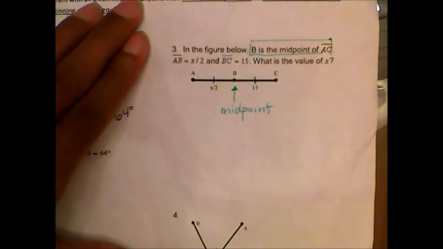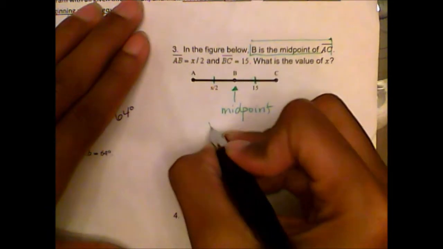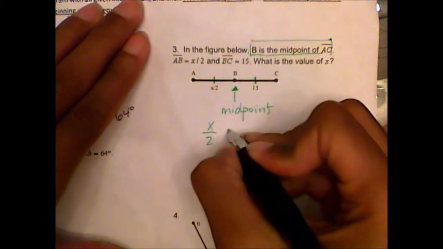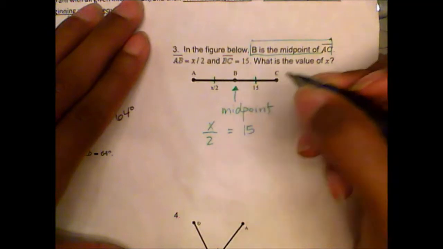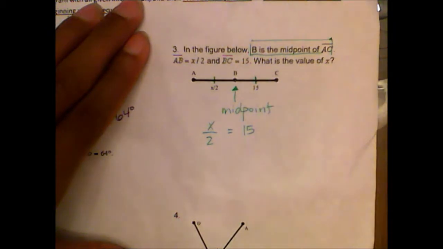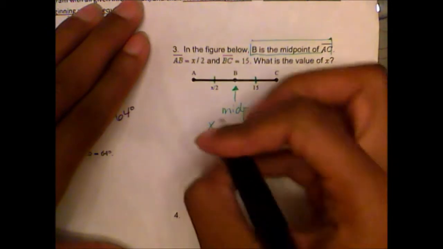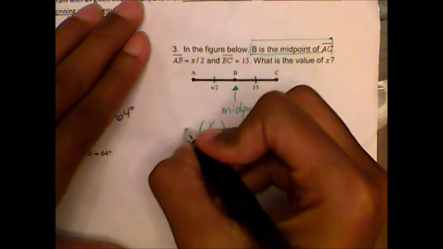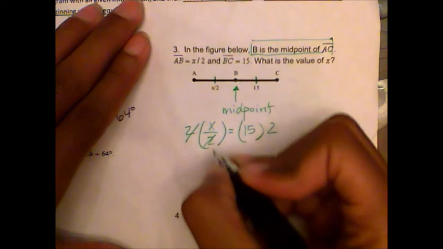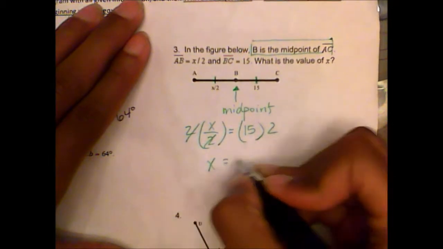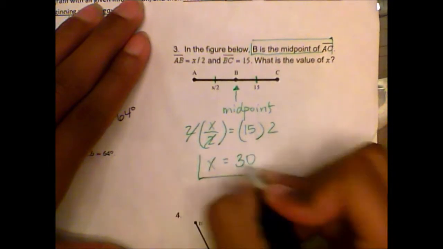With that being the case, x over 2 has to be equal to 15 by the definition of congruent segments. The way I'm going to solve this equation is to multiply both sides by 2, and I'm left with the fact that x is equal to 30.